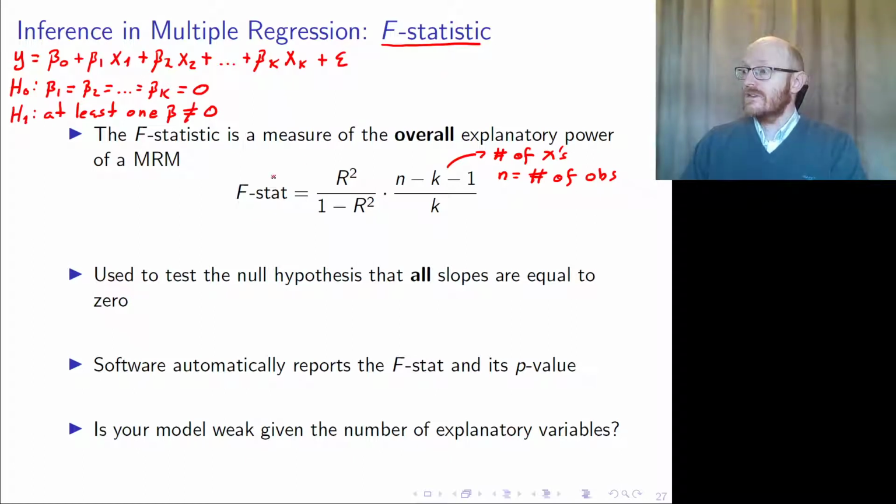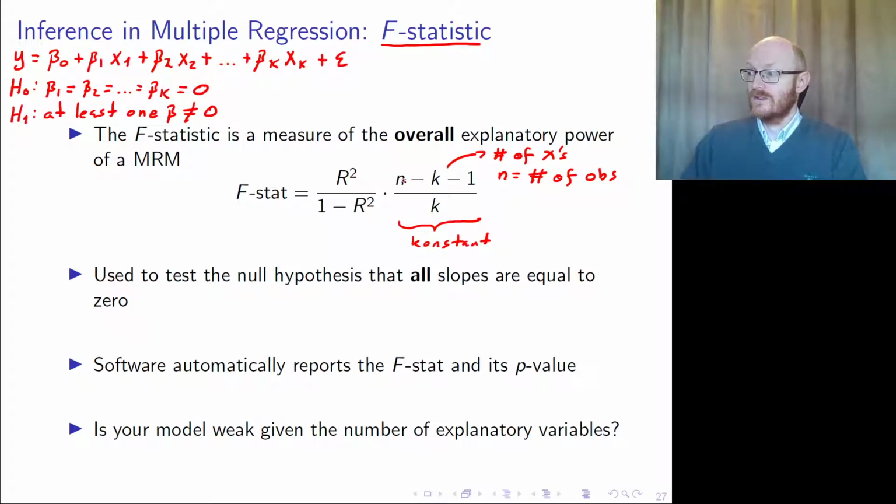Okay, and how do you calculate this F-statistic? Well, you have this equation, and this is a constant, because you know this when you think about what kind of model you are going to estimate.